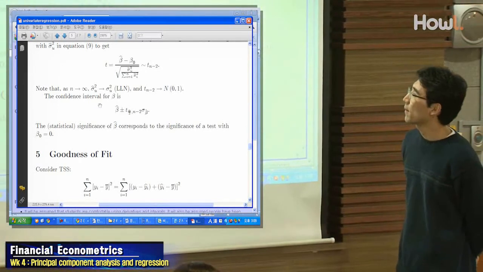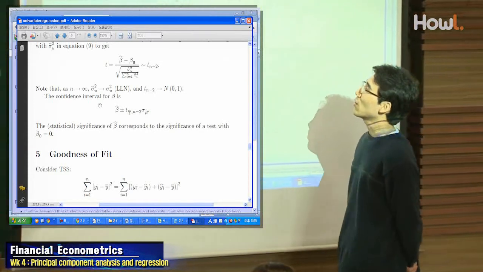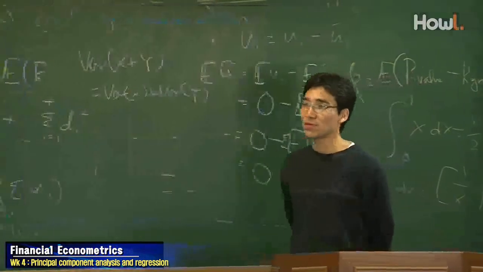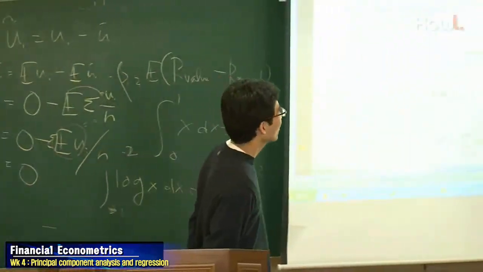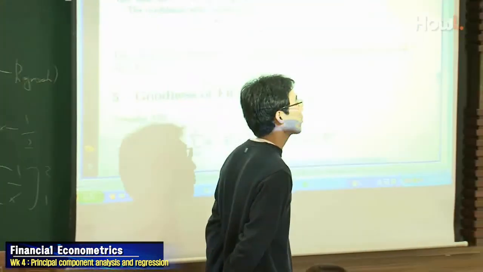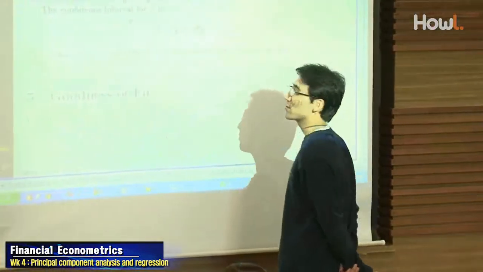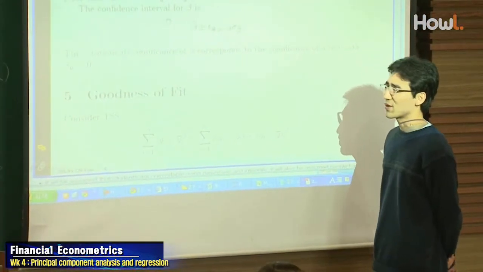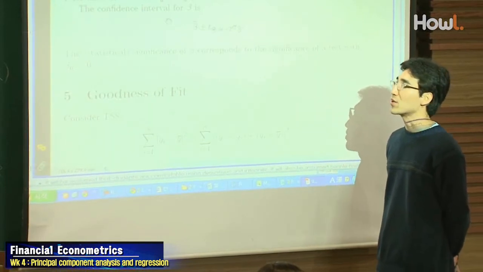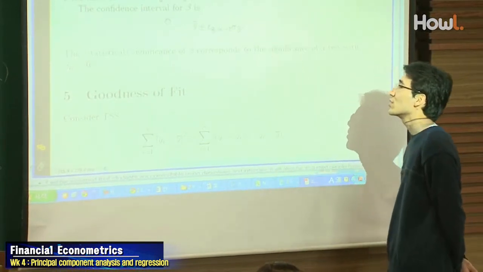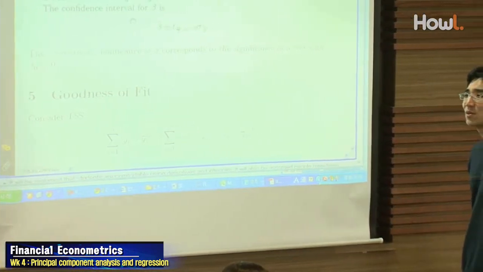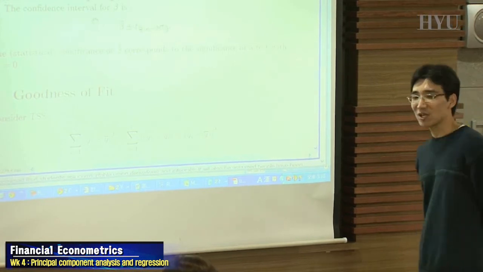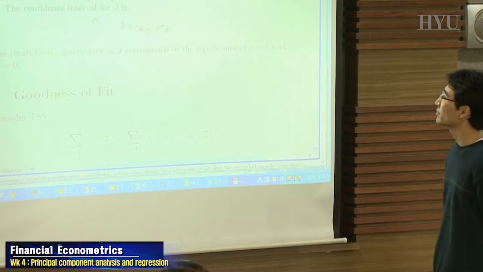If beta 0 is outside of this confidence interval, then given our hypothesis about beta, that event is not likely to occur very often. It is a very rare event. So if beta null is outside of this range, it means a very rare event occurred given the null hypothesis. Therefore, we reject the null hypothesis. Okay.